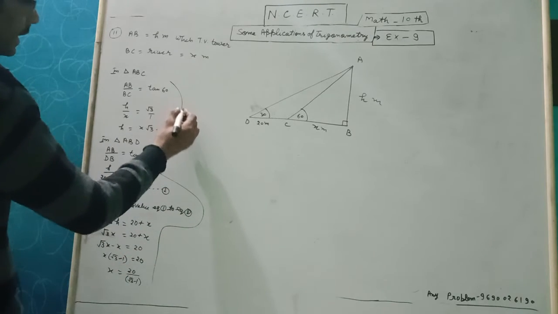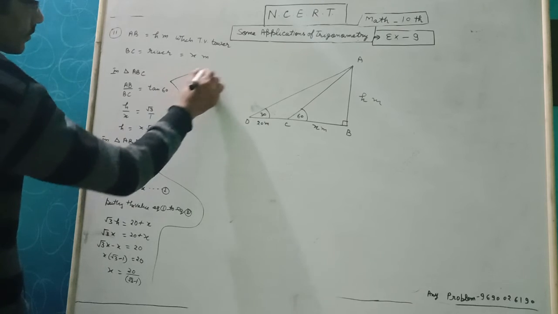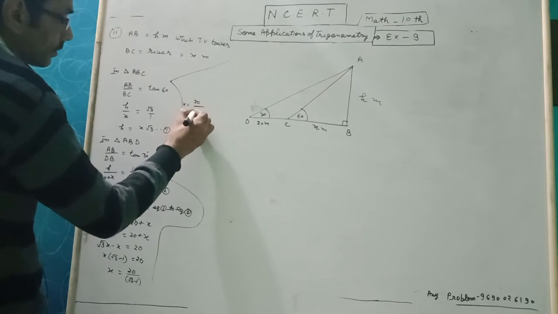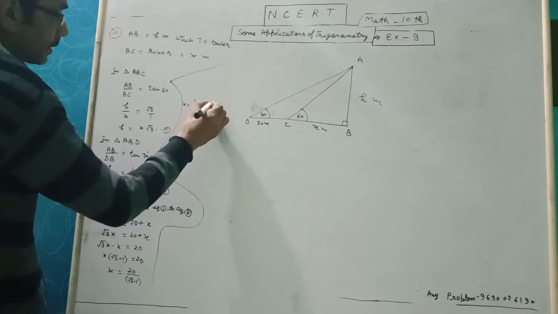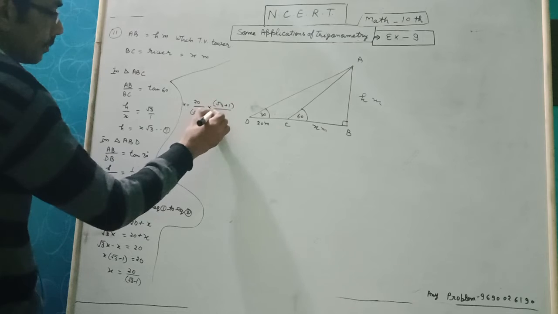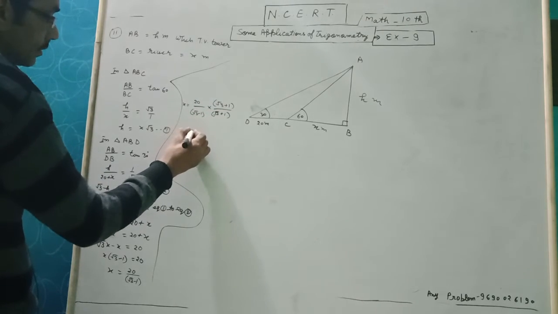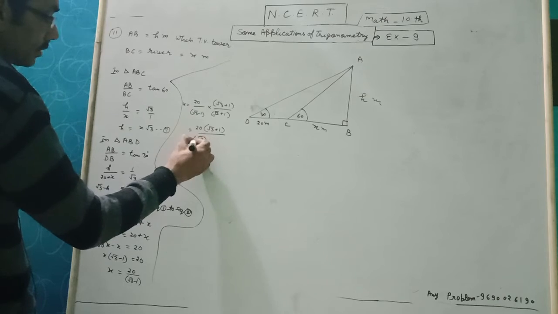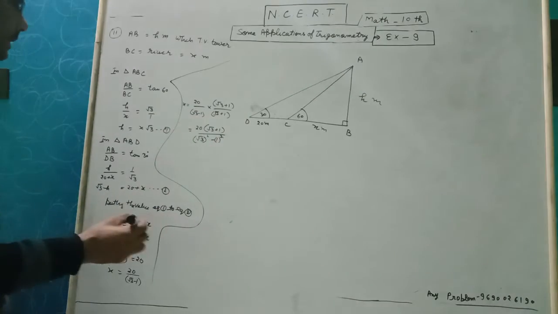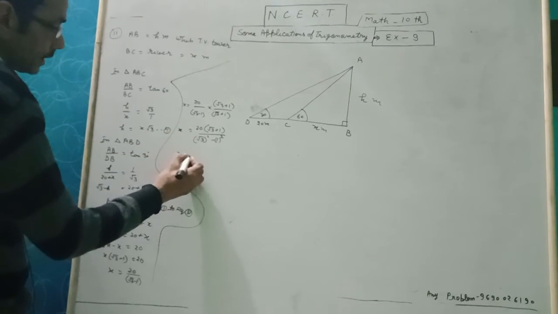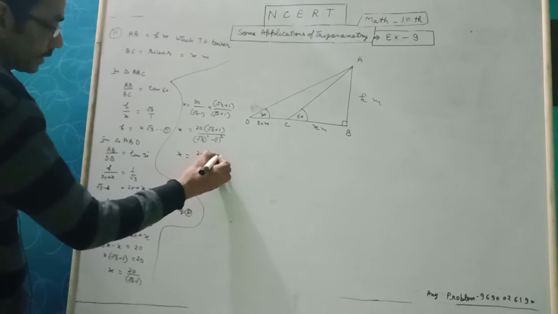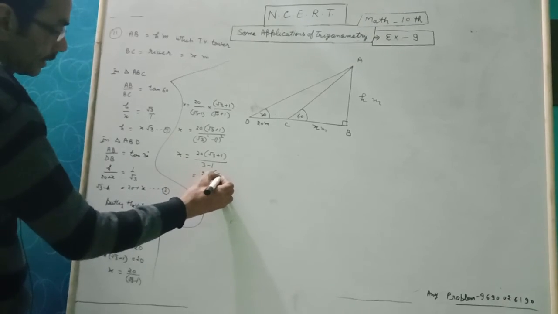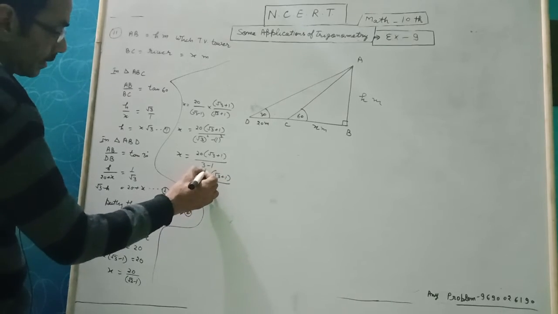Rationalization of X is equal to 20 upon under root 3 minus 1 into under root 3 plus 1 upon under root 3 plus 1. 20 bracket under root 3 plus 1 upon under root 3 square minus 1 square, so X is equal to 20 bracket under root 3 plus 1 upon 3 minus 1, 20 bracket under root 3 plus 1 upon 2, divided by 2.